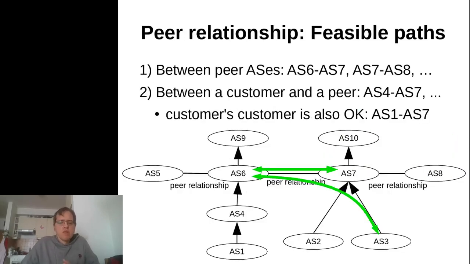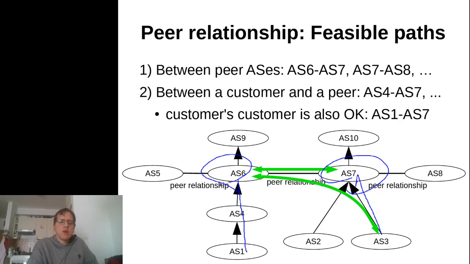The situation with the peer relationship is a little bit more difficult. Recall that the idea in the peer relationship is that AS6 and AS7 will want to save on transit fees. Now consider any path that goes from any of the customers of AS6 to any of the customers of AS7.